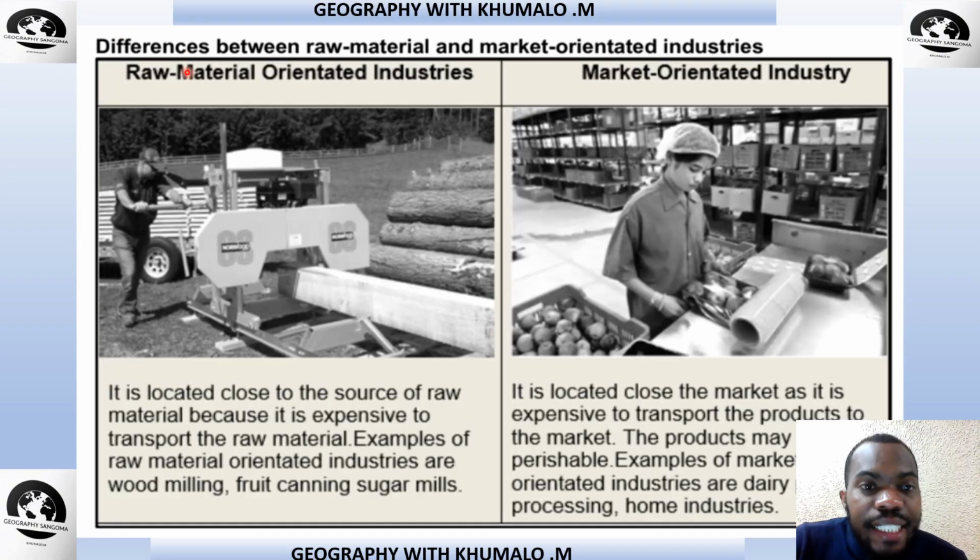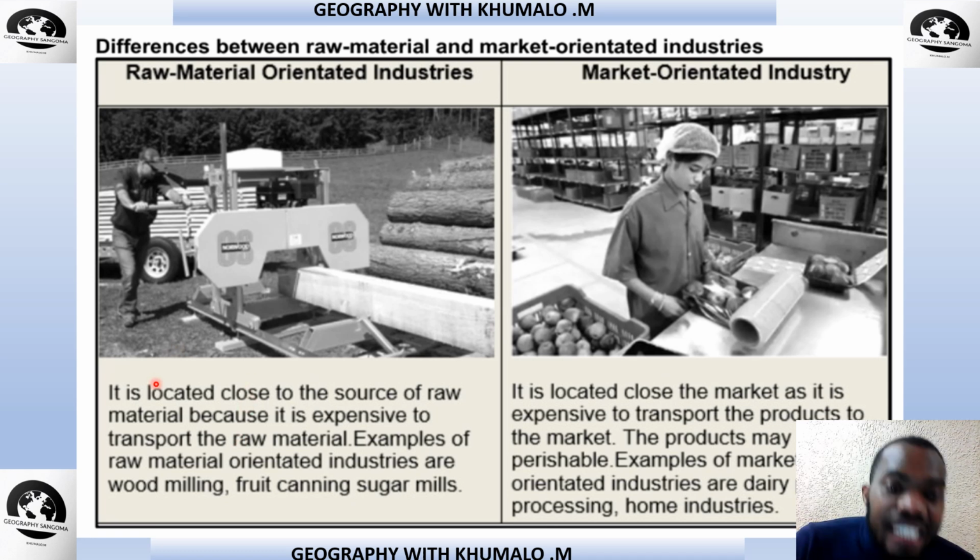When we look at the difference between the raw material and the market-orientated industries, grade 12, we can see that the raw material-orientated industry is located close to the source of raw materials, because it is expensive to transport the raw materials. That is what I always say to the grade 12s: you must have a reason why you say this is a raw material-orientated industry.